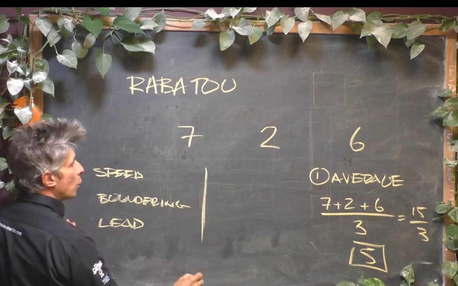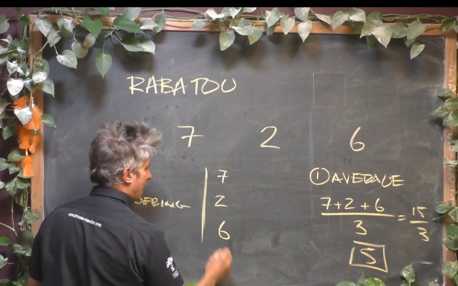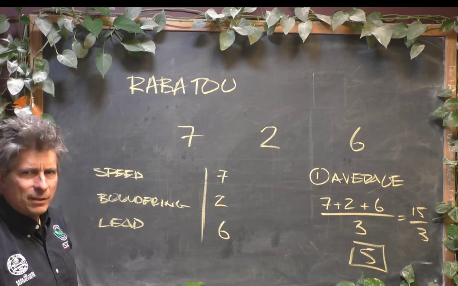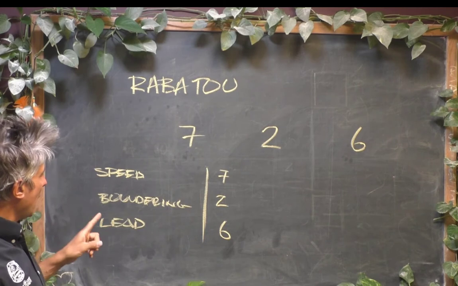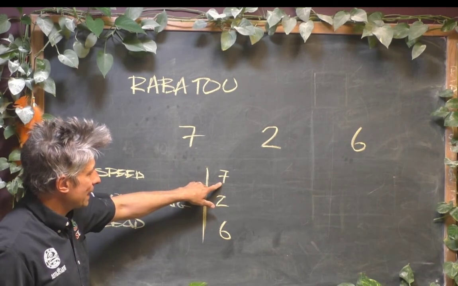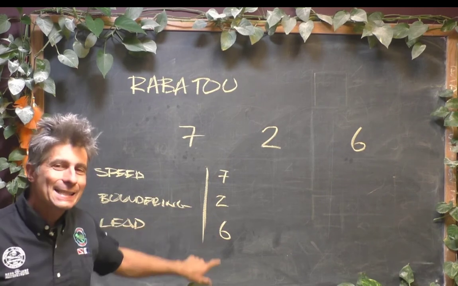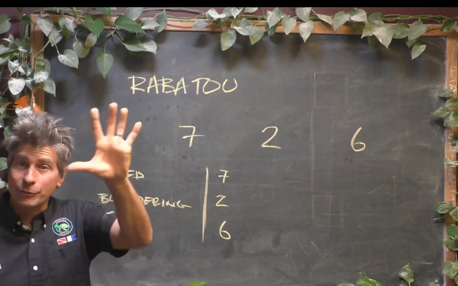So we know she has a 7 here, a 2 here, and a 6 here. I'm going to need a little bit more space real quick here. That's much better. Now what you're going to do is look at each of these numbers and tell me how far away they are from the average of 5.